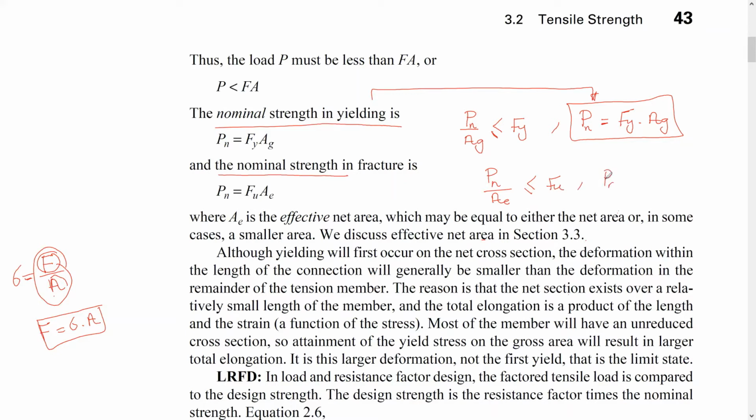So the nominal strength here is equal, let's say, the ultimate stress times the A effective. And A effective all the time should be either equal to the net area or smaller. Net area, which is An, is equal A gross minus A holes.